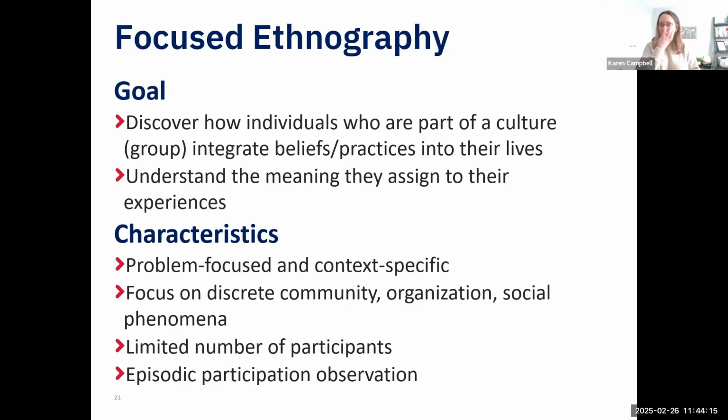So if, for example, you wanted to understand more about an emergency department and how they are enacting particular policies, you might want to go in for a night shift one day and go in another day for an afternoon and another day for a day shift. So there might be less observation and for shorter periods of time.